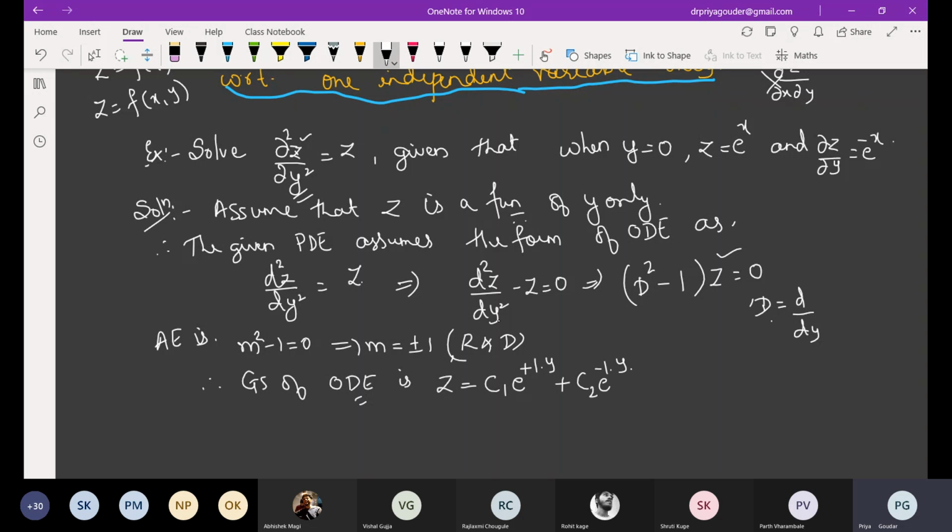Okay, correct? What is this? GS of the ODE. So just write a line: the solution of PDE is obtained by replacing.